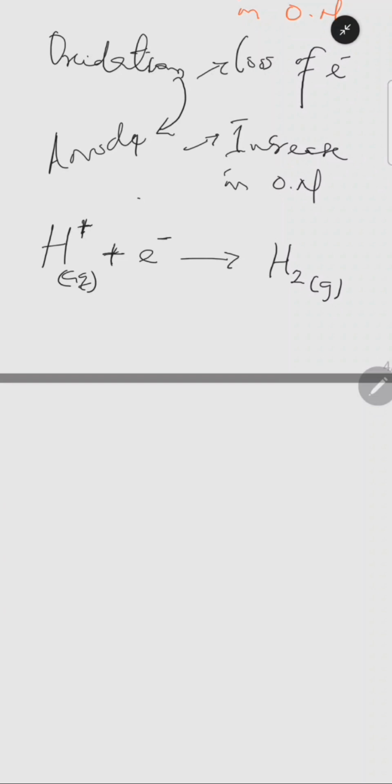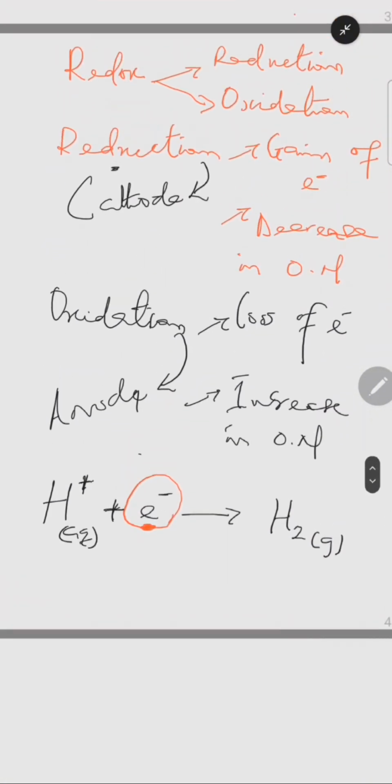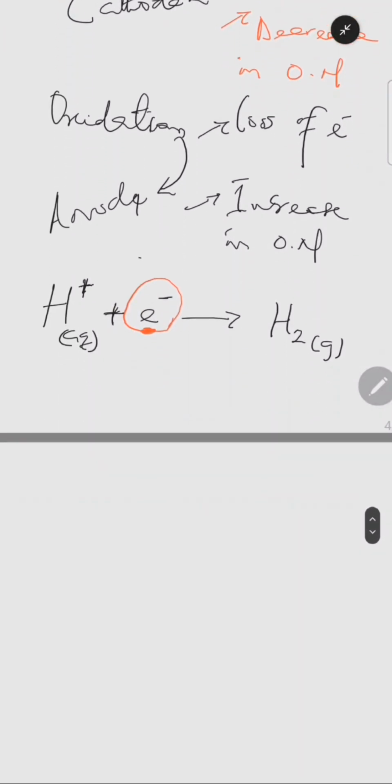Now look at the reaction. You will discover that we have electron here. Any reaction where you have electron at the reactant side indicates gain of electron, but when you have electron at the product side, it indicates loss of electron. So this is gain of electron, which is also the definition of reduction.